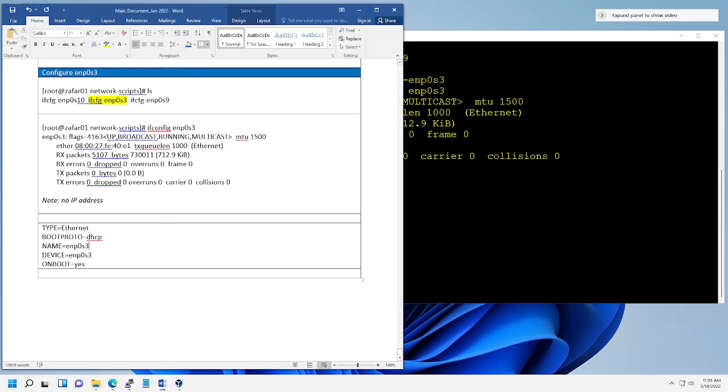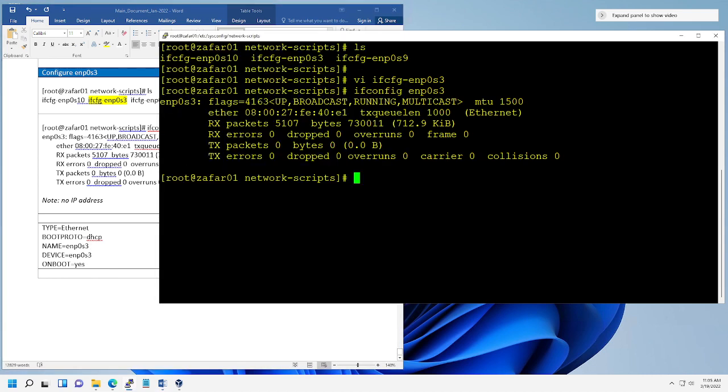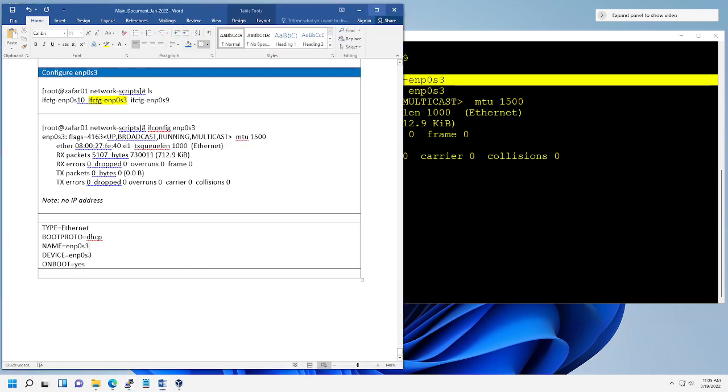Alright, so what we did was we entered the file and we did some configuration changes.